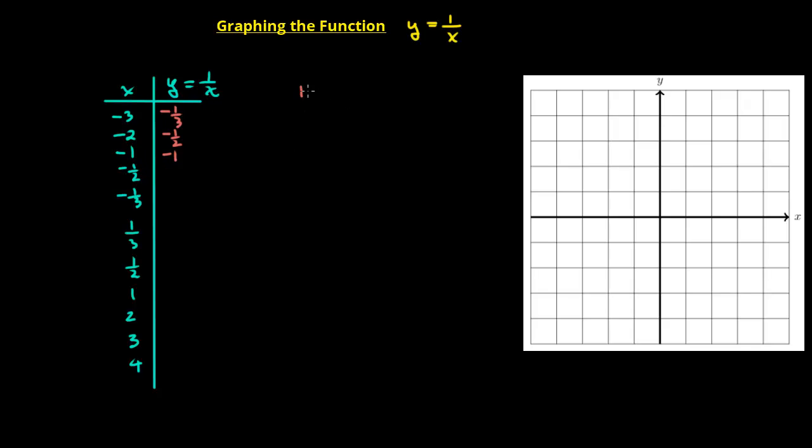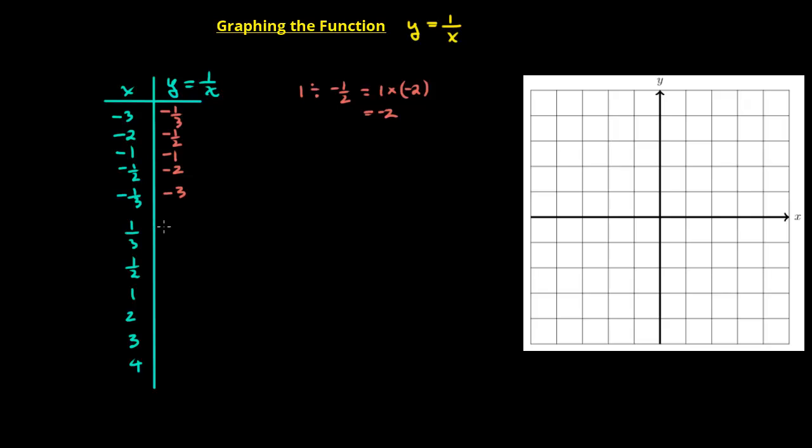That's equal to 1 times -2, because division by a fraction is the same thing as multiplication by the reciprocal. So 1 divided by -1/2 is -2. Then 1 divided by -1/3 would be -3.